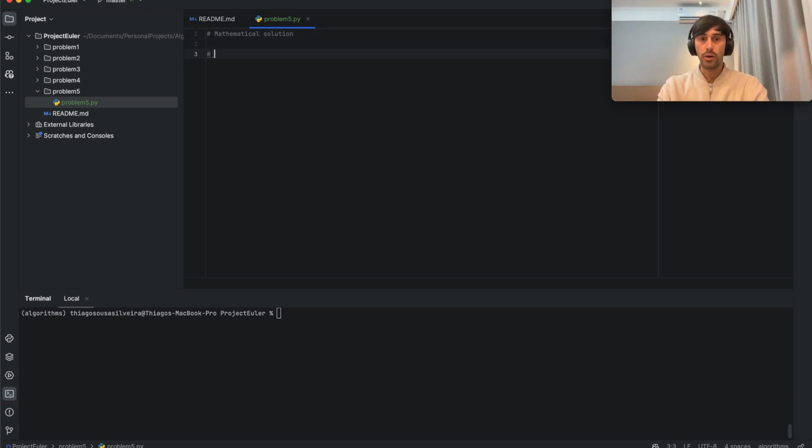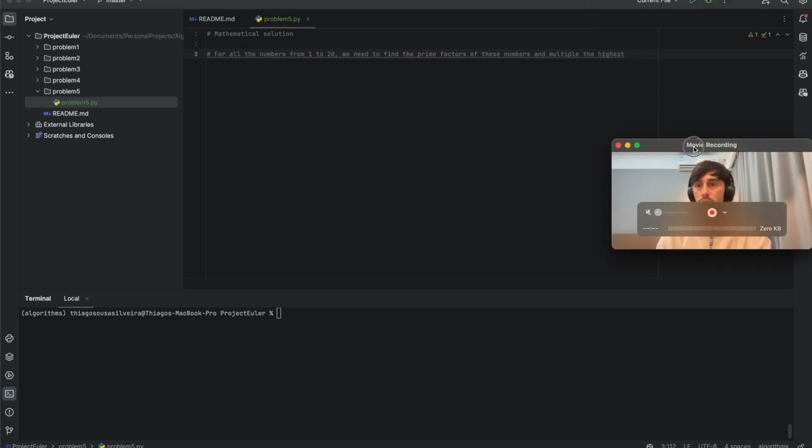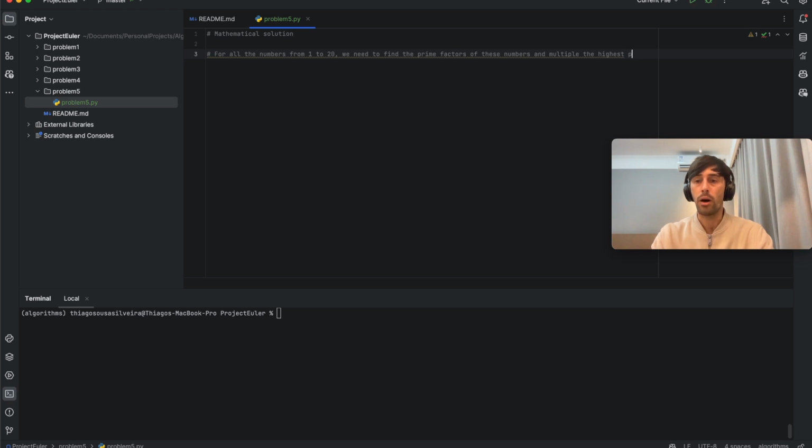We just need to find, for all the numbers from 1 to 20, the prime factors of these numbers, and multiply the highest power of each prime factor found.